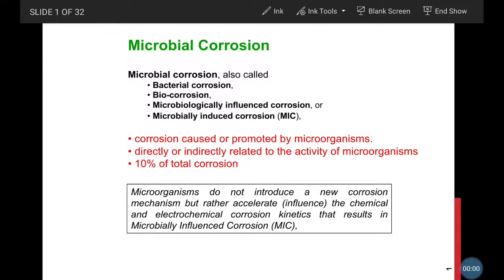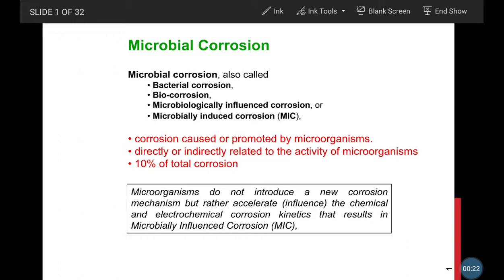The topic for today is microbial corrosion or microbially induced corrosion. I normally use this microbial corrosion as MIC.